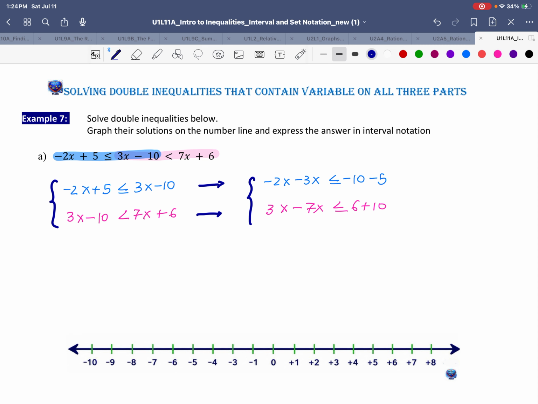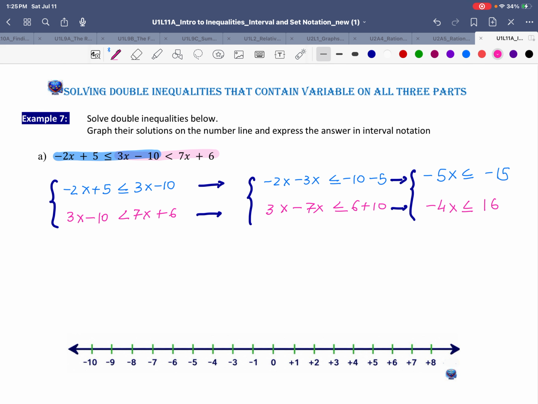Let's simplify a little more. The first one becomes negative 5x less than or equal to negative 15. And the second one, negative 4x less than or equal to 16.